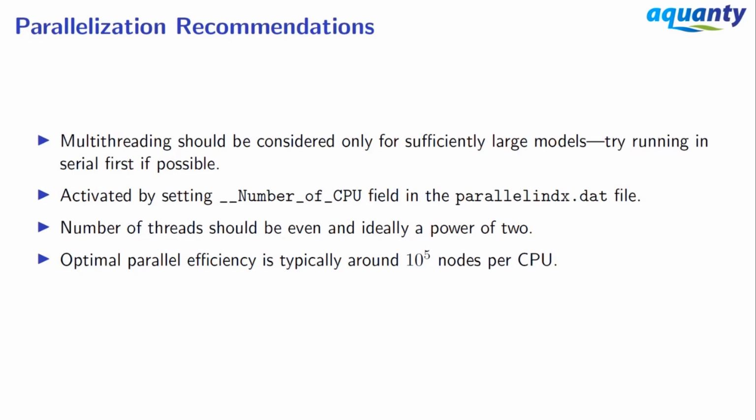Parallelization is activated by setting the field number of CPU in the parallel index file, and this has to be set prior to running HGS. The number of threads should be even and ideally a power of 2. Optimal parallel efficiency is typically around 100,000 nodes per CPU, so keep that in mind when choosing the number of threads.